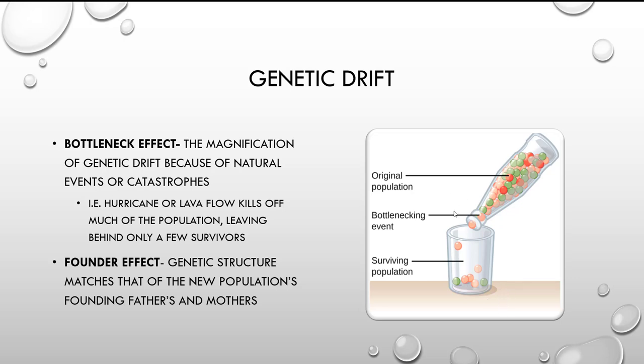And so you end up with this bottleneck where a lot of members of the population died off and only the survivors, you're working with that gene pool. And it's due to some sort of natural catastrophe.